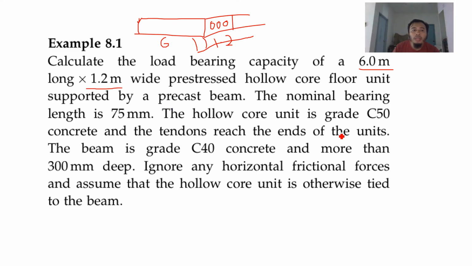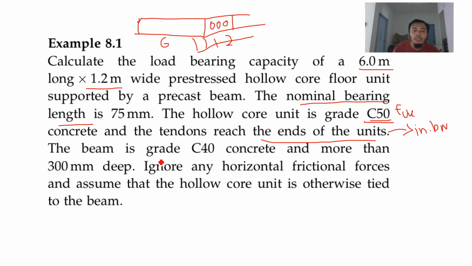The nominal bearing length is given to you, so this is your B, your nominal bearing length. The hollow core unit is grade 50, so you have your FCU here. And the tendons reach to the ends of the unit, so this gives you clues for your ineffective bearing width.